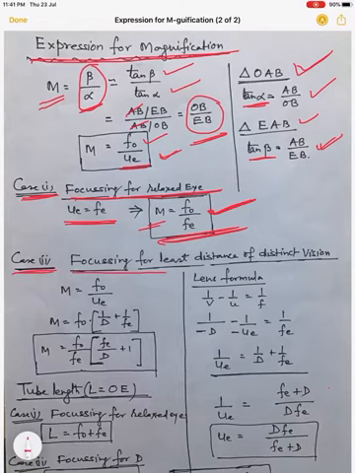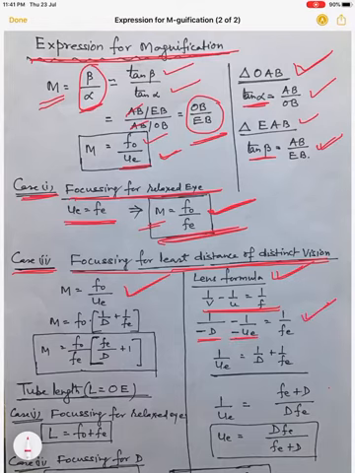Now case 2, when the final image is at least distance of distinct vision, then magnification is f0 upon ue, and 1 by ue can be found using the lens formula. So we can use 1 by v minus 1 by u is equal to 1 by f. The final image at least distance of distinct vision is minus D, and object distance is minus ue.